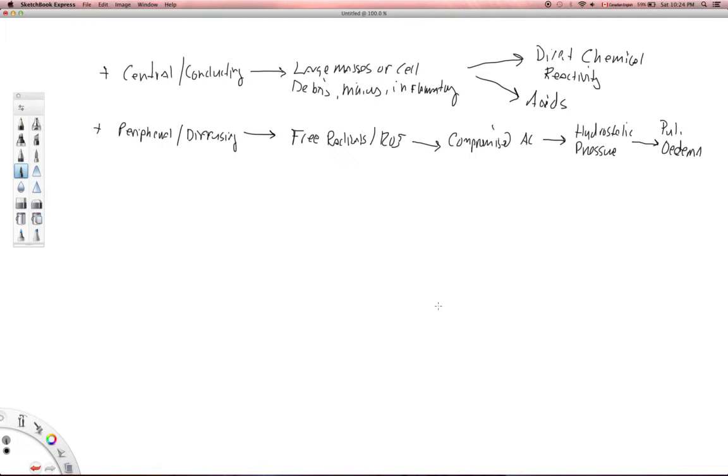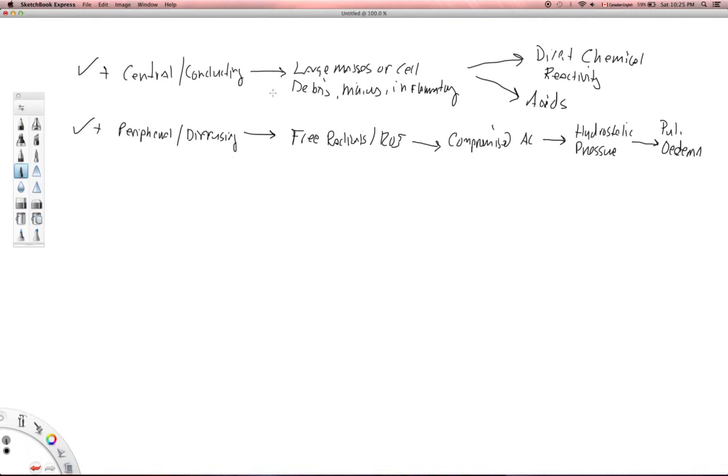So what's going to happen? Well, you have this large obstructive pathology occurring in agents that act up here, whereas you have a more inflammatory pulmonary edema, adult respiratory distress syndrome, or ARDS kind of pathophysiology occurring there.